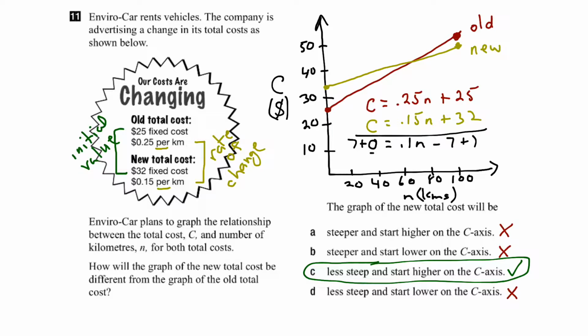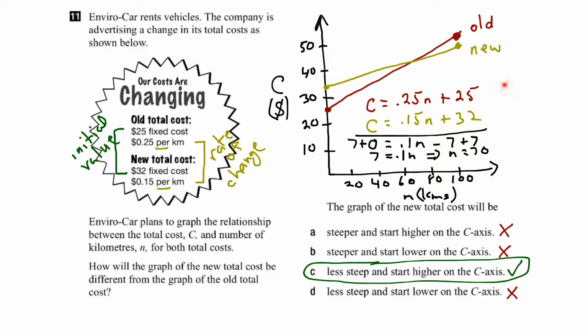And when I do that, I get 7 equals 0.1n. And then we can just multiply both sides by 10 to get rid of the 0.1, and that would mean that n would equal 70. So that's the exact number of kilometers for which the old costing model equals the new costing model. Again, all this stuff here, they don't ask us in the question, but it's just kind of nice to know and extend the question.